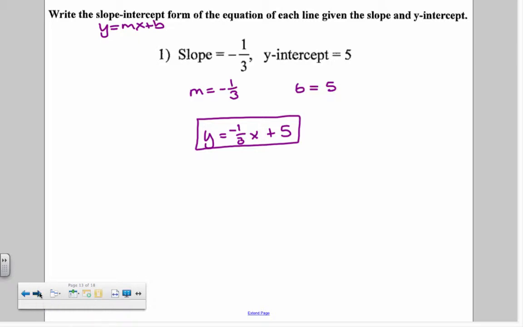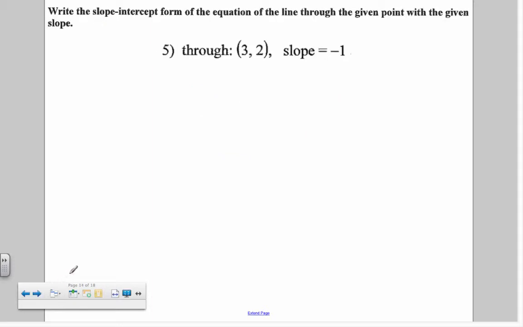Okay, next problem. Number 5. Write the slope-intercept form of the equation of the line through the given point with the given slope. So again, I need something that's in slope-intercept form, y equals mx plus b. And here I have a point and I have the slope. So I don't have my b. I'm given my m, but I'm not given my b.